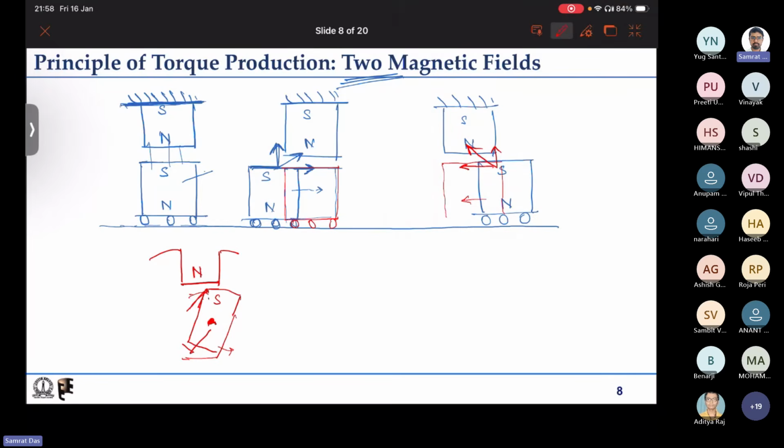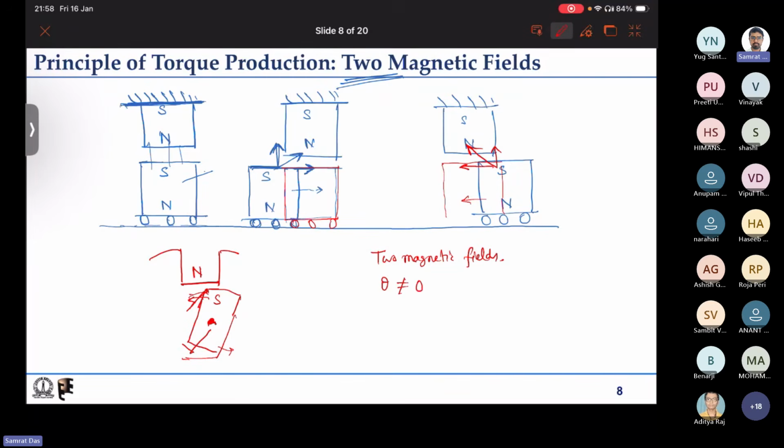Now it will rotate. So basically two magnetic fields we require, but for torque production they cannot be aligned to each other. There has to be some displacement between the two magnetic fields. So the principle of torque production goes like this: for torque production we need two magnetic fields, and they have to be displaced. If the angle between the magnetic fields is theta, then theta has to be not equal to 0 for some torque production.